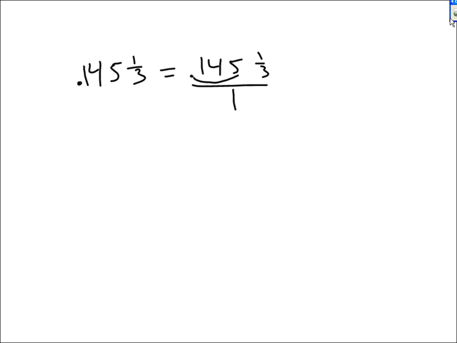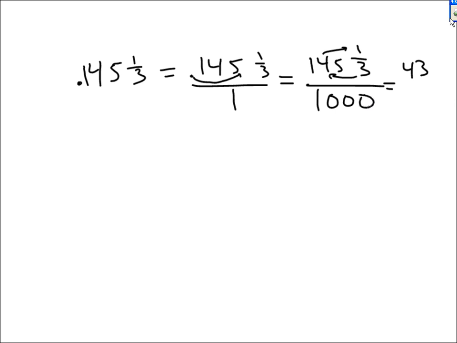If I move this decimal 3 places, I get 145 and a third. If I move the decimal in the bottom 3 places, I get 1,000. 3 times 145 is 435, plus 1 more. That's 436 over 3, divided by 1,000.